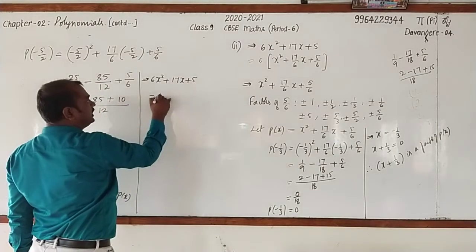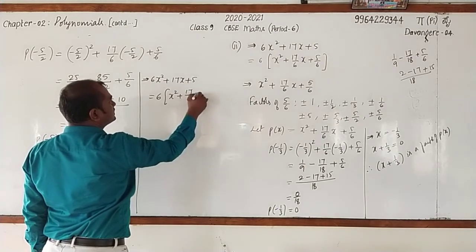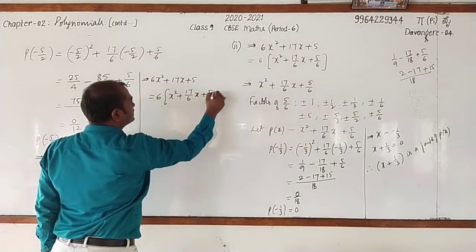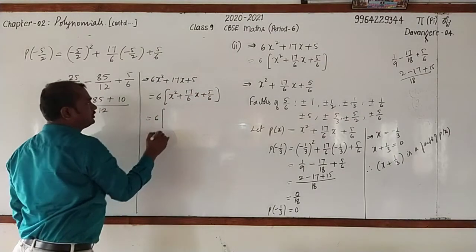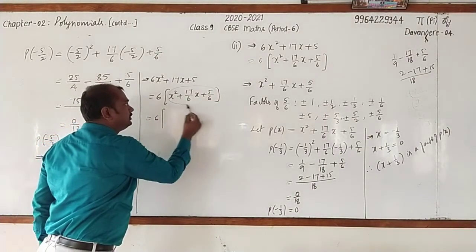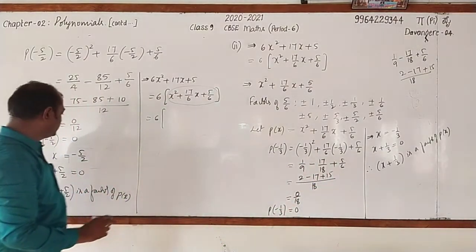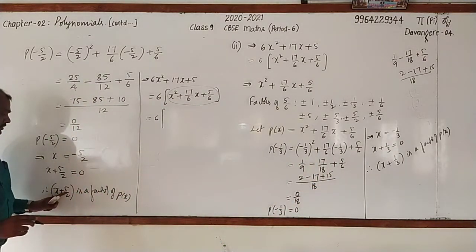This we have written as 6 into x square plus 17 by 6 into x plus 5 by 6. Is it not? 6 into. Then the factors of this polynomial are, first one is x plus 1 by 3 and second one is x plus 5 by 2.